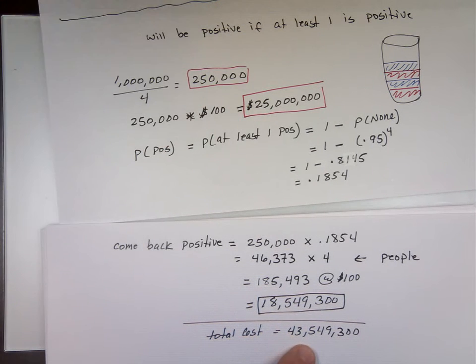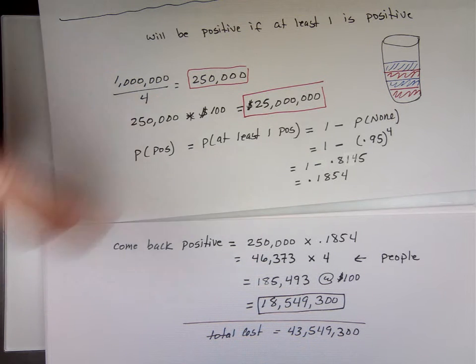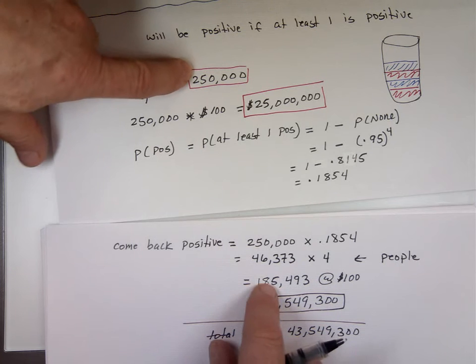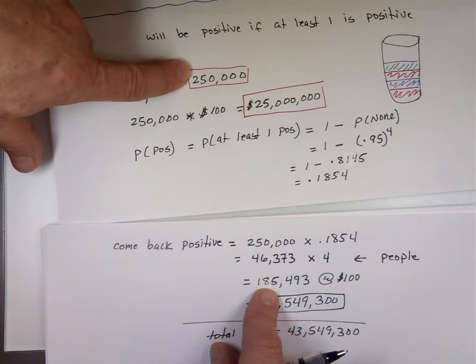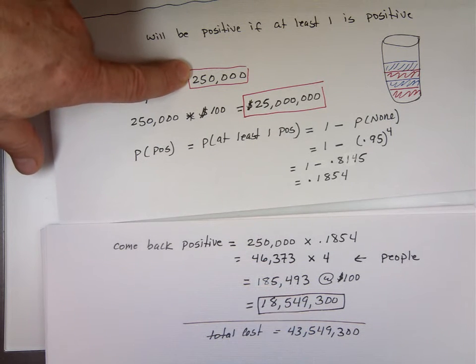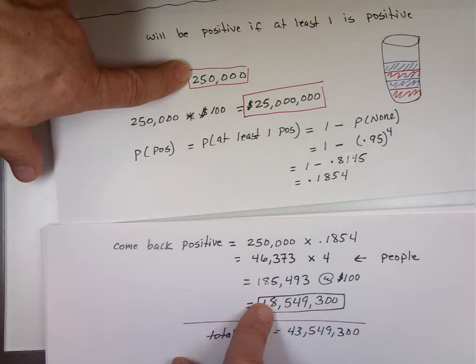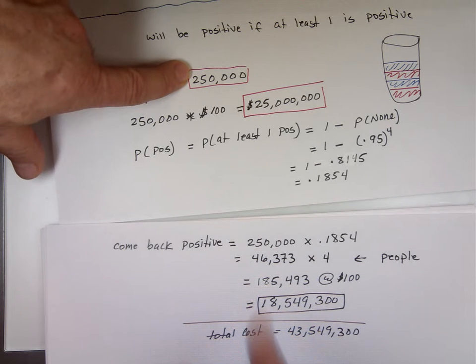We saved $57 million. The other thing we saved, instead of testing 1 million tubes, how many tubes are we testing? 250,000 plus 185,000, about 435,000 tubes versus 1 million tubes.